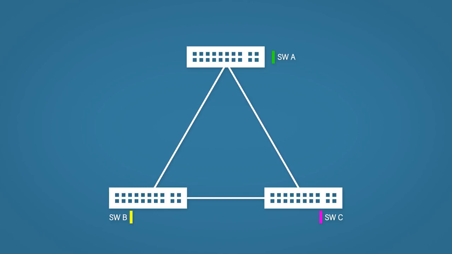STP follows a strict process to decide which port to block. Now, once you know this process in detail, STP becomes very easy. We'll start with a high-level overview. Step 1. Elect a root bridge. This is the king or queen of switches. Step 2.